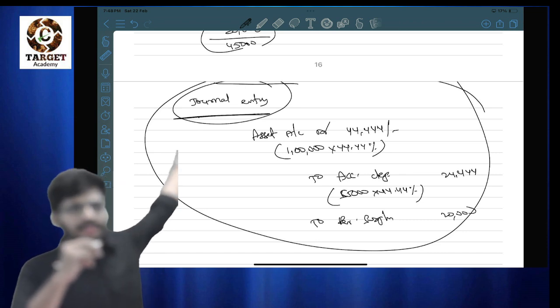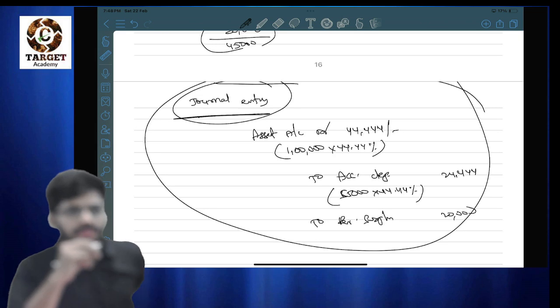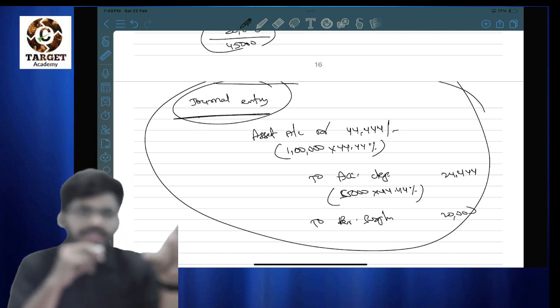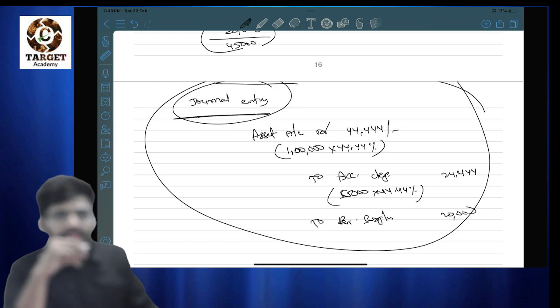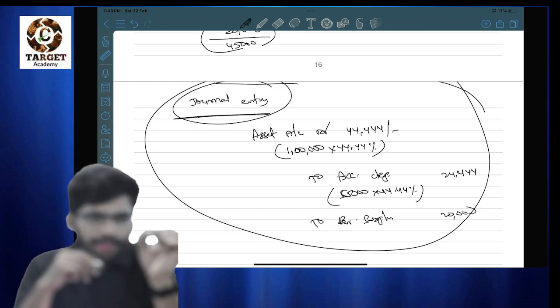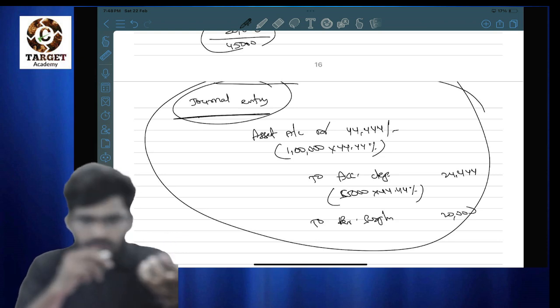This is the restatement approach. Restated means nothing is changed here. The asset value, how much? Basically 1 lakh. Correct or not? Here he wants to maintain the provision for depreciation account.